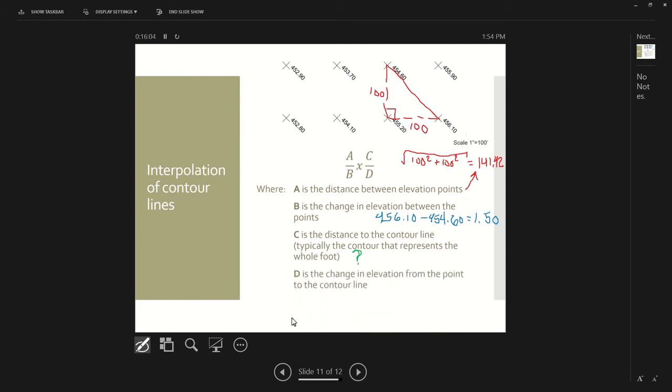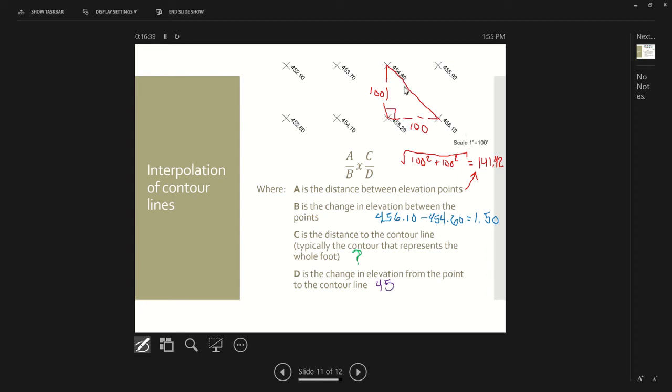All right, and let's figure out D then. I'm going to represent D with purple. D is the change in elevation from the point to the actual contour we're trying to find. It doesn't matter which one you pick. I tend to pick the lower one. Actually, I'm going to take the elevation I'm looking for.